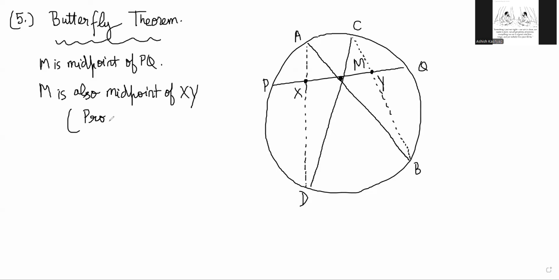This we have to prove, the second statement. This is given. That is Butterfly's theorem, right?